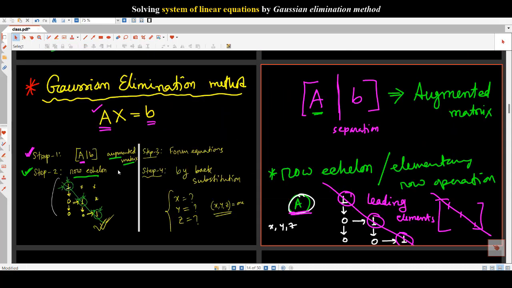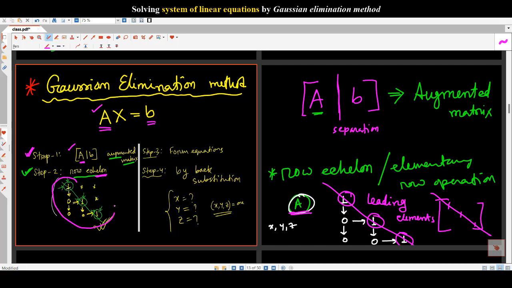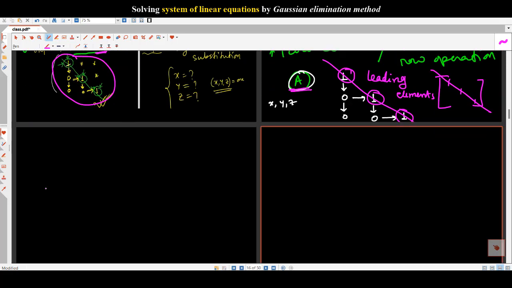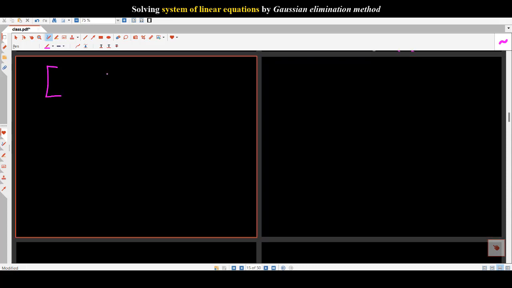So your first target is to convert matrix A to this type of form. So in step 2, what is mentioned? You have to convert the augmented matrix to row echelon matrix. So what is row echelon? Row echelon will take this shape. So suppose you have some matrix, let's say there are some values here.